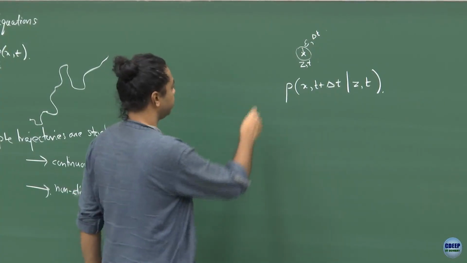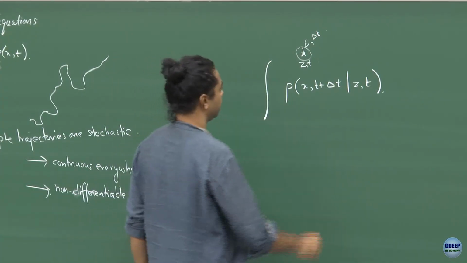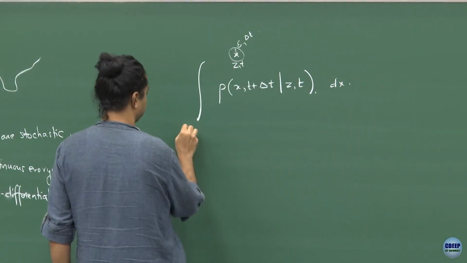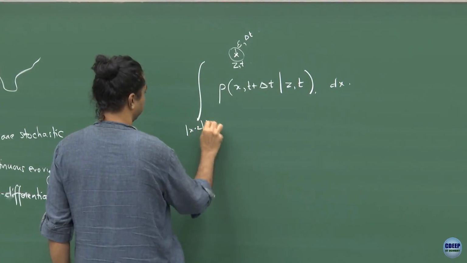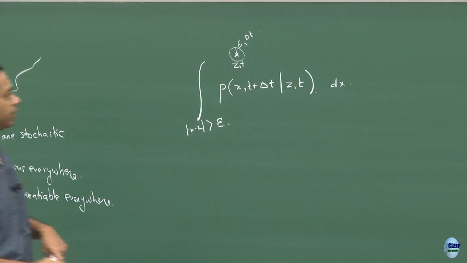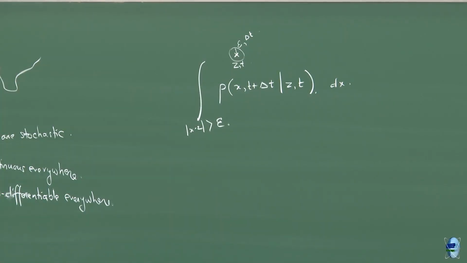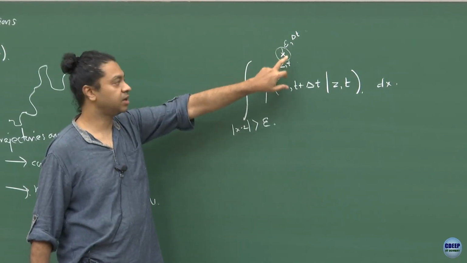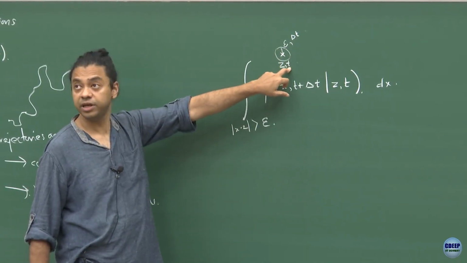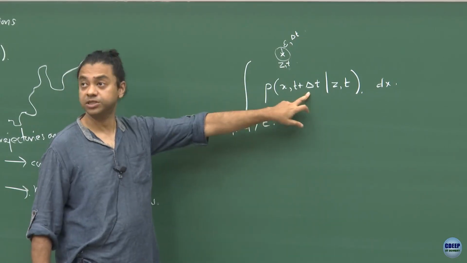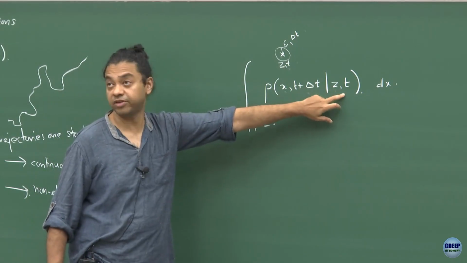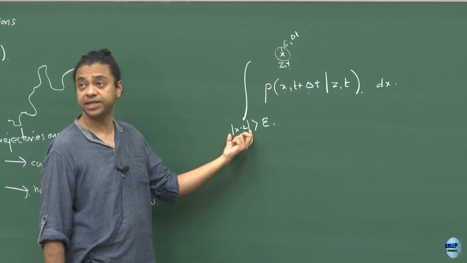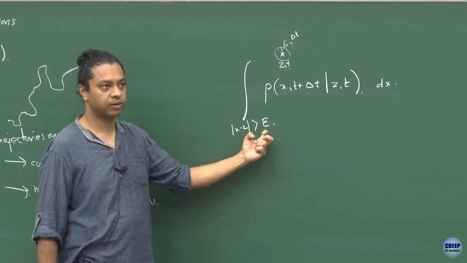Therefore, I will integrate these probabilities over all values of x such that the absolute value of x minus z is greater than epsilon. Is this clear? So, I am asking what is the probability that a particle escapes a region of size epsilon, provided it started at z at some time t. So, I write down the probability distribution p of x, t plus delta t given z at t, and integrate over all values of x such that this difference is greater than epsilon.